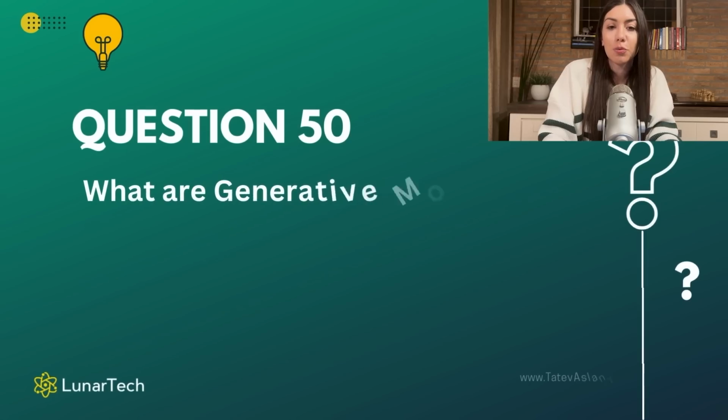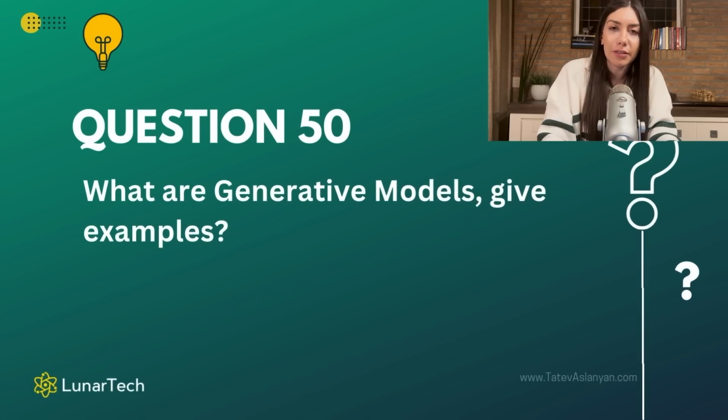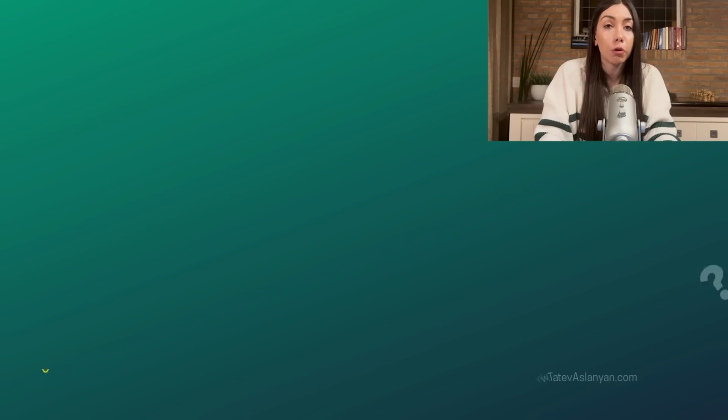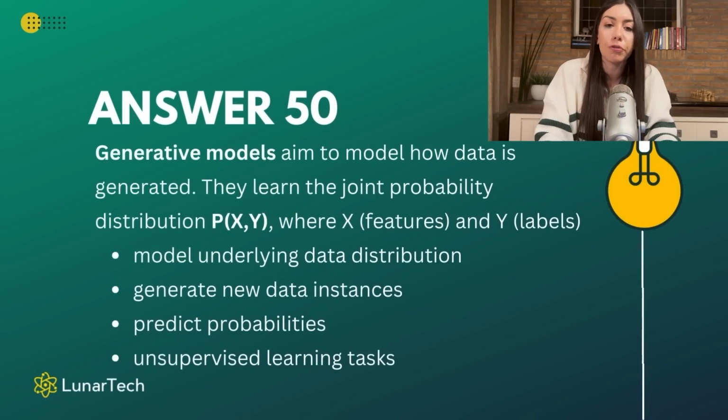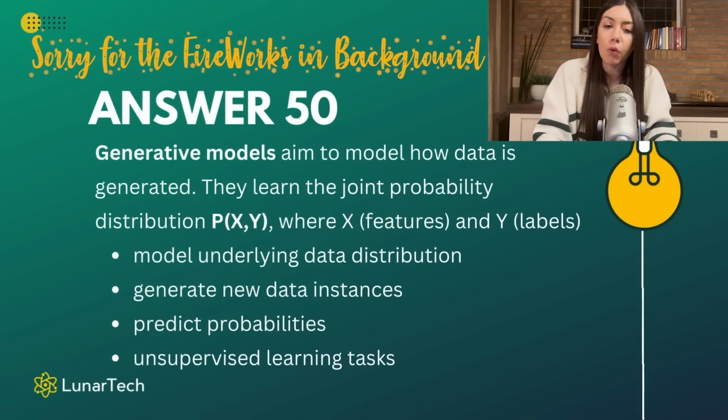The next question is, what are generative models? Give examples. So let's first start with the generative models. Generative models aim to model how data is generated. They want to learn the joint probability distribution, what we often refer to as P(X, Y), which is the joint probability distribution of two random variables X and Y, where X represents the features of our data and Y represents the labels.